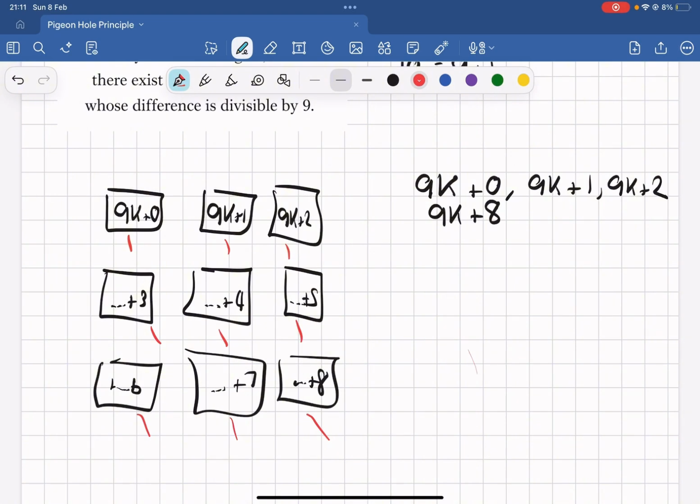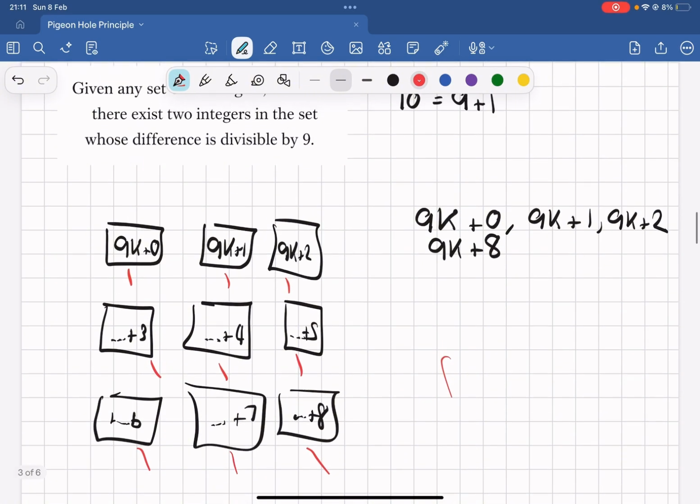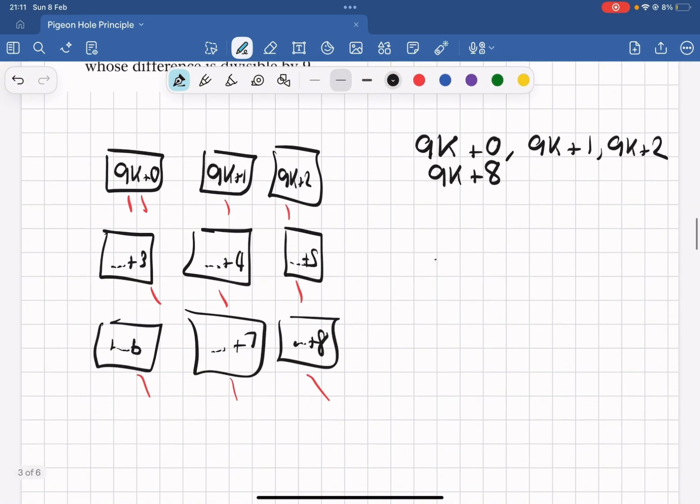Well, we can't just leave it to the side here. It's going to obviously have to go in one of these boxes. Which box it goes in, I really couldn't care. It honestly can go in whatever. But if it goes, let's say, into the first one, now we have 2 numbers of the form 9k plus 0.